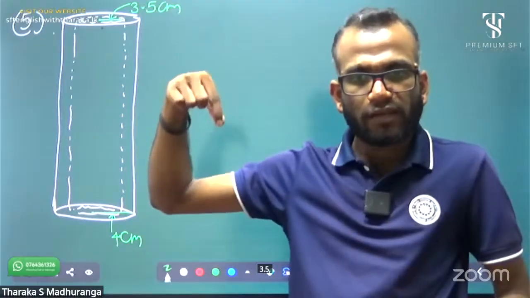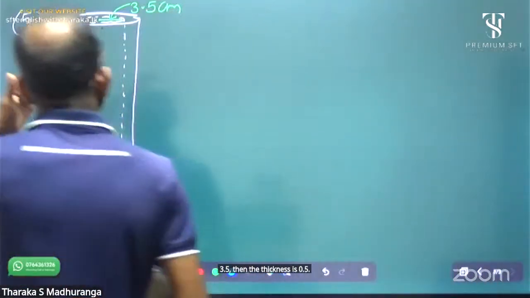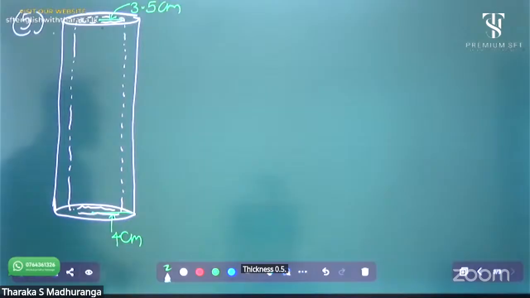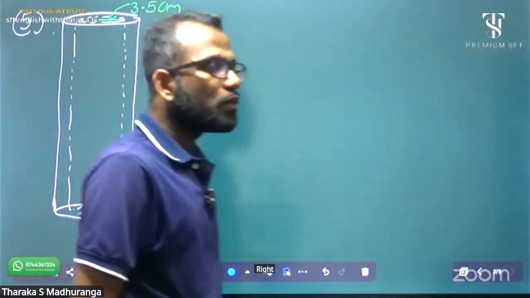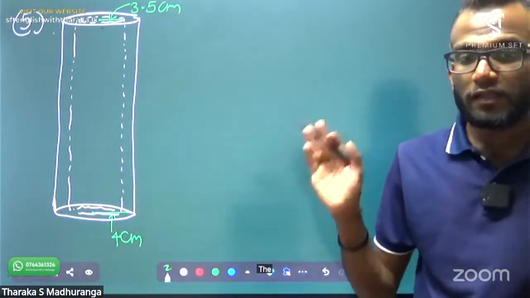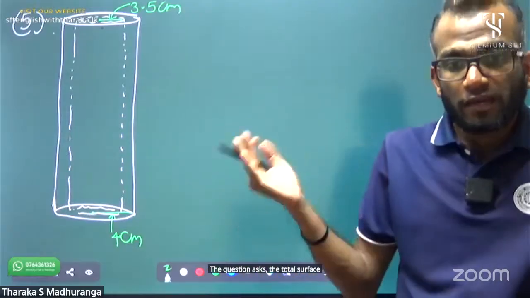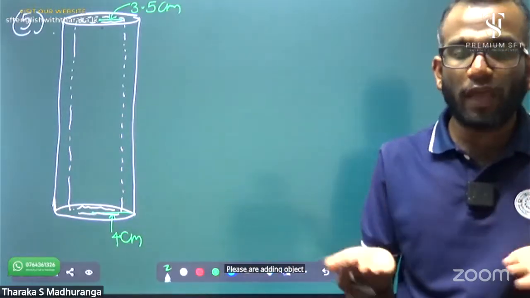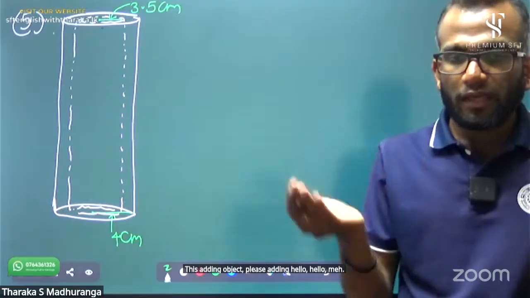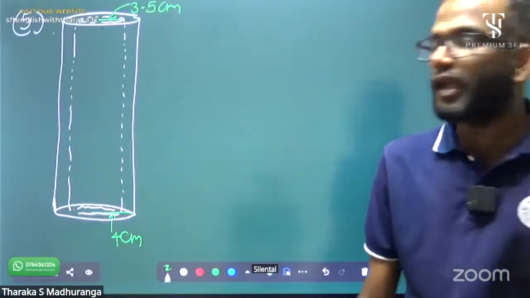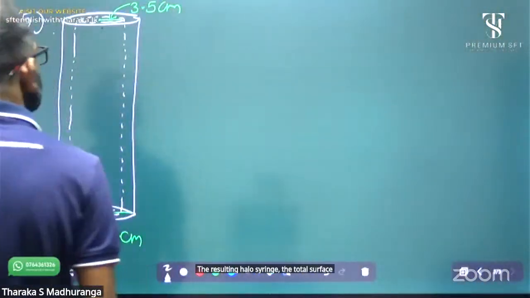Then the thickness is 0.5. Now the question asks the total surface area of the resulting hollow cylinder.